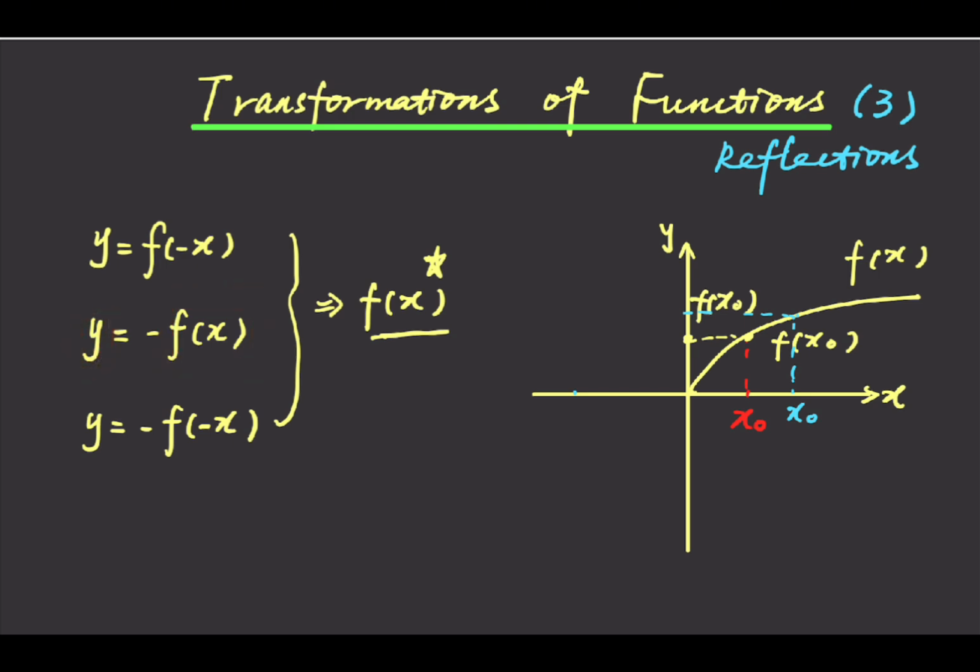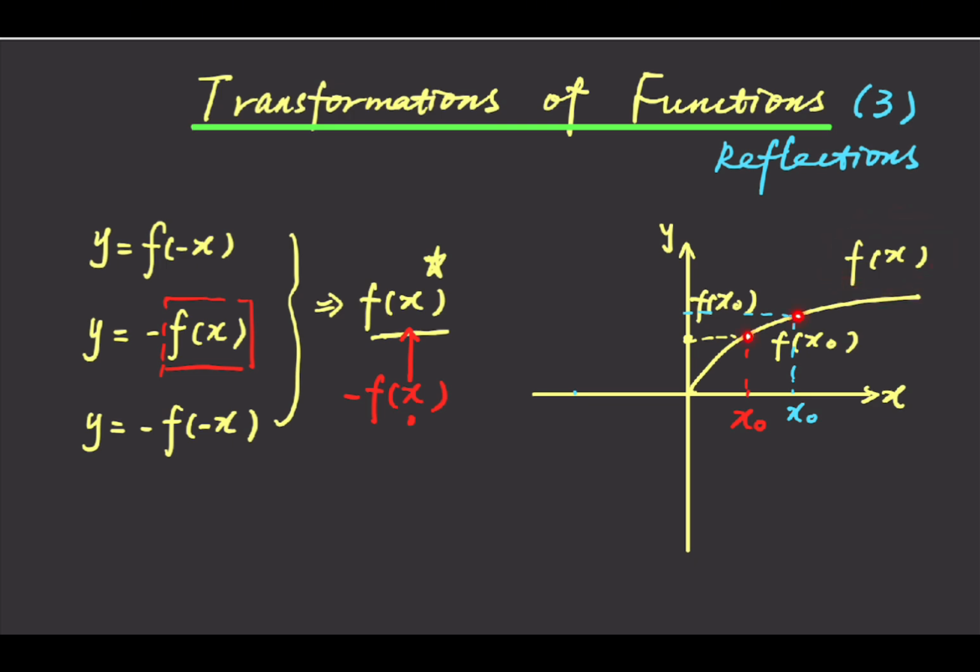It's not the x value's opposite value. It should be the opposite value of the original function. So on this new function, this x should be the same as this x, but with the negative, meaning this function's values are opposite. So the x coordinate should be the same. The y coordinate should be the opposite number of this function.